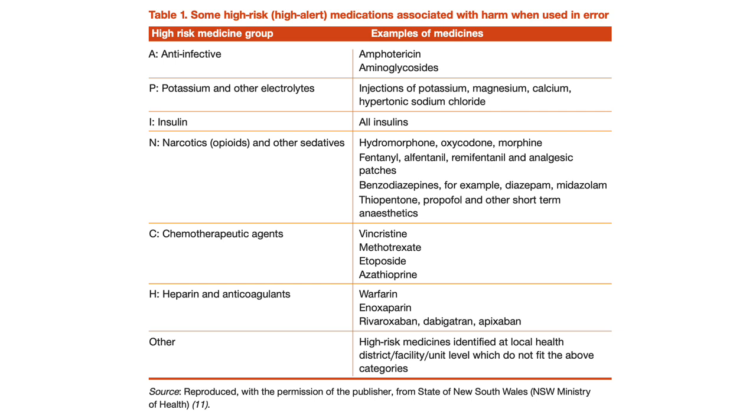Examples of high-risk medication: anti-infectives like amphotericin and aminoglycosides; highly concentrated electrolytes, especially potassium in high concentration, or hypertonic saline. These are high-risk medications, and special care and precaution are needed.